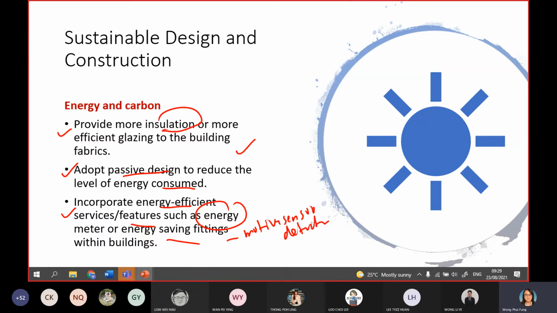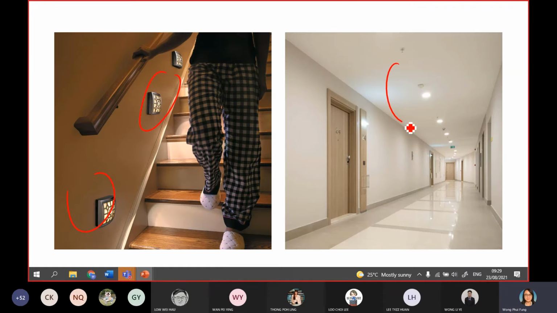In the next slide, you can see the motion sensor, motion detector, that is very commonly installed along the corridor or along the staircase. When it detects people, only then it lights up automatically. When no people are detected, it will turn off. So in that sense, it saves more energy, okay?